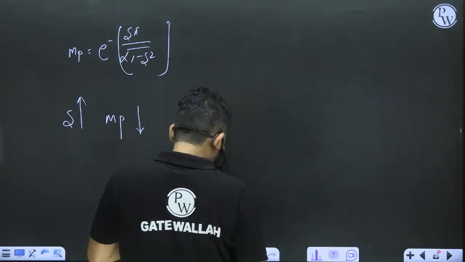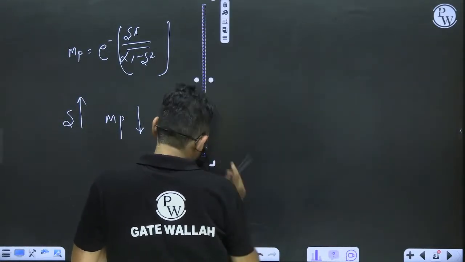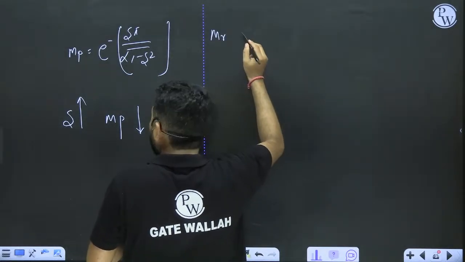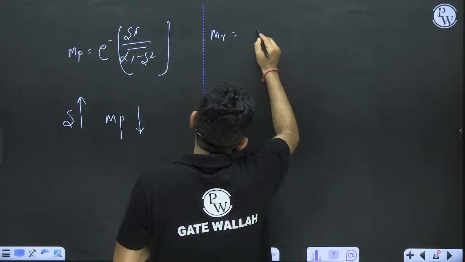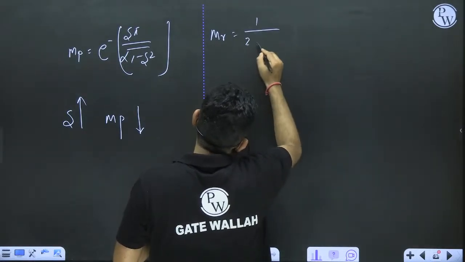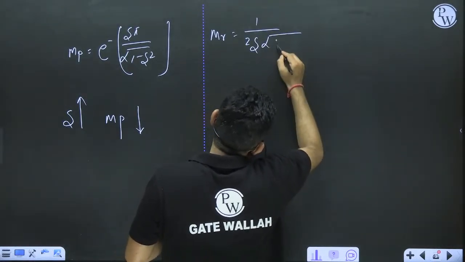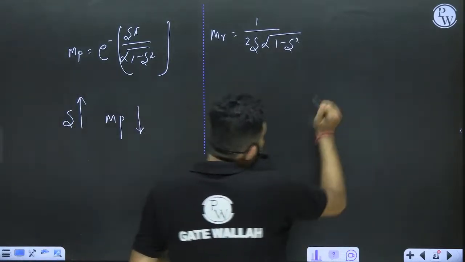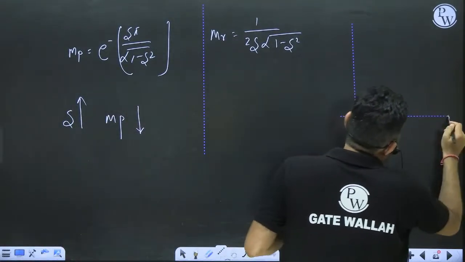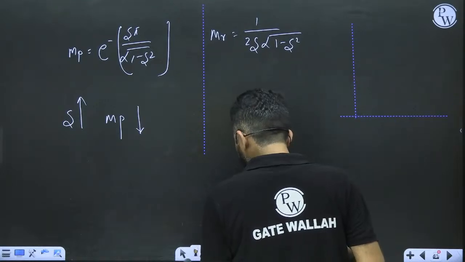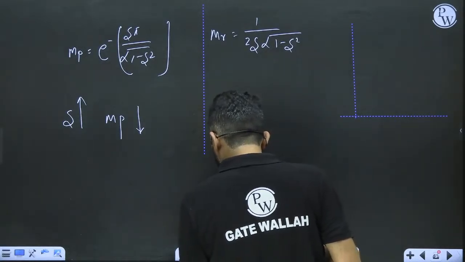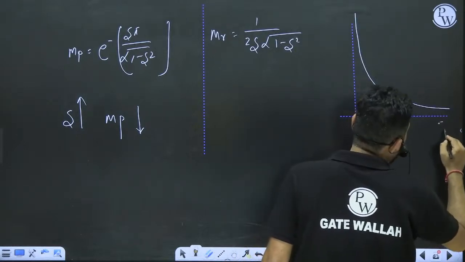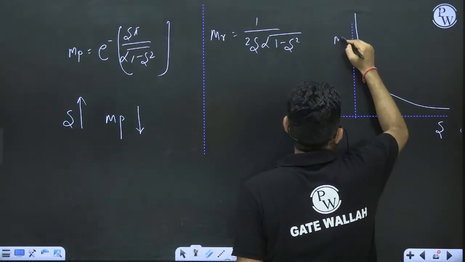Just now we have covered that MR is equal to 1 over 2 zeta root of 1 minus of zeta square. Here also, if you increase zeta, then MR is decreasing.